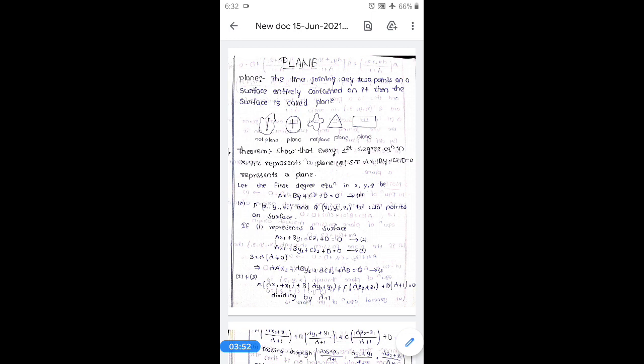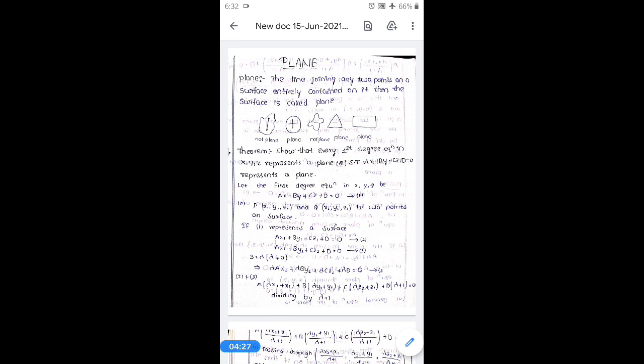What is the line joining? Given the points x1, y1, z1 and x2, y2, z2, the point (lambda x2 plus x1)/(lambda plus 1), (lambda y2 plus y1)/(lambda plus 1), (lambda z2 plus z1)/(lambda plus 1) lies on the line joining (x1, y1, z1) and (x2, y2, z2) in the ratio lambda is to 1.